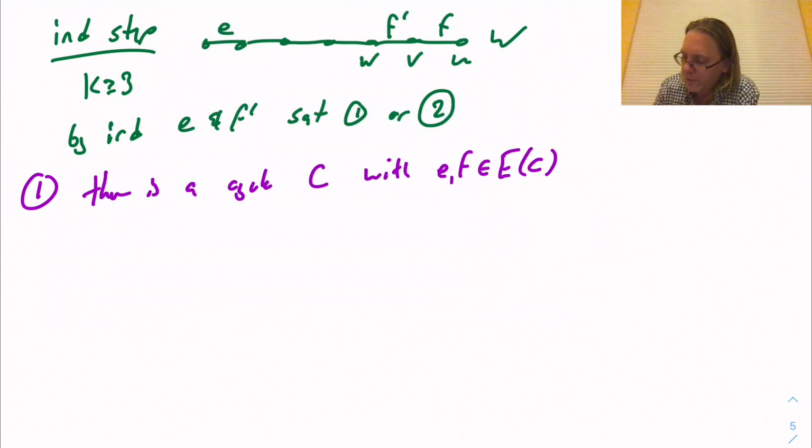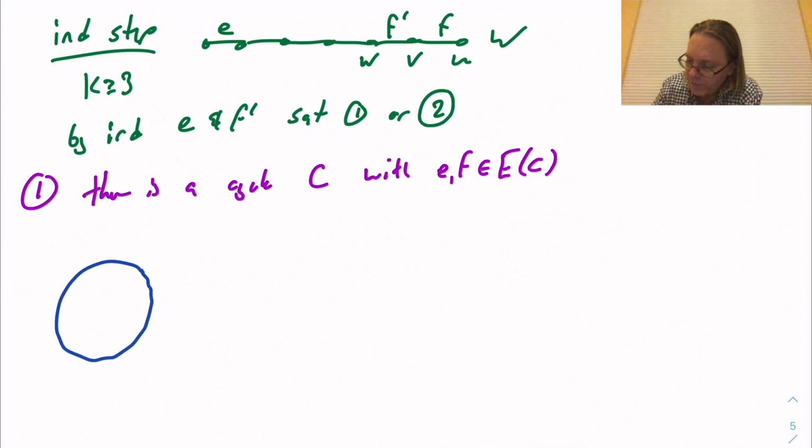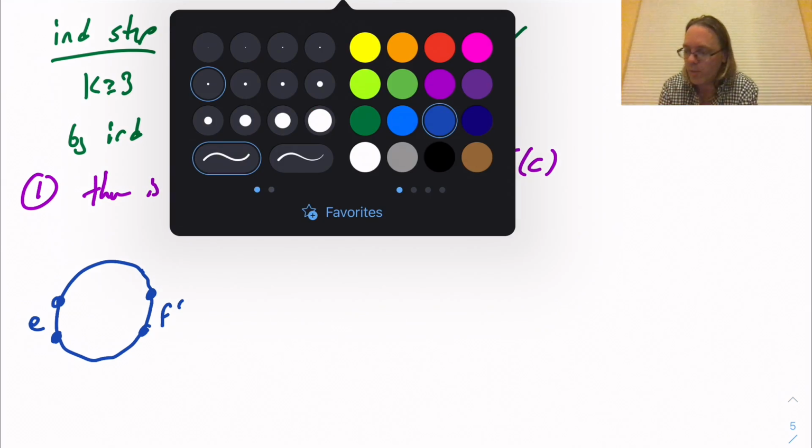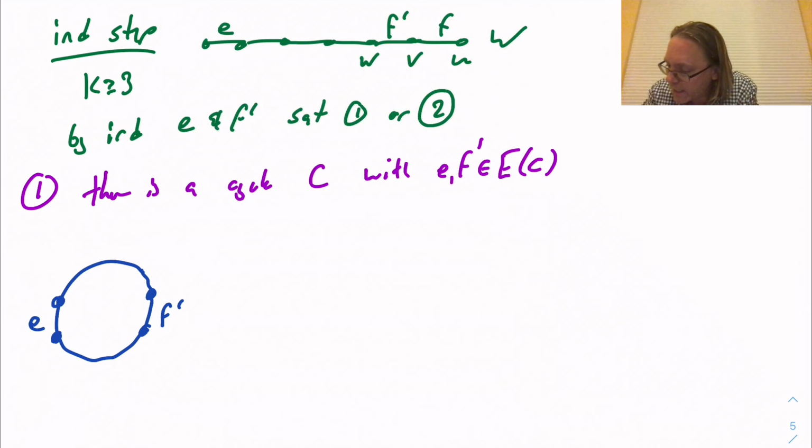The other interesting possibility is that we found some kind of cycle here, and there are two important edges for us. One of them is E, the other one is F prime. Of course, the edge F is also vitally important, but E and F prime are what we know about. There's a cycle containing E and F prime.